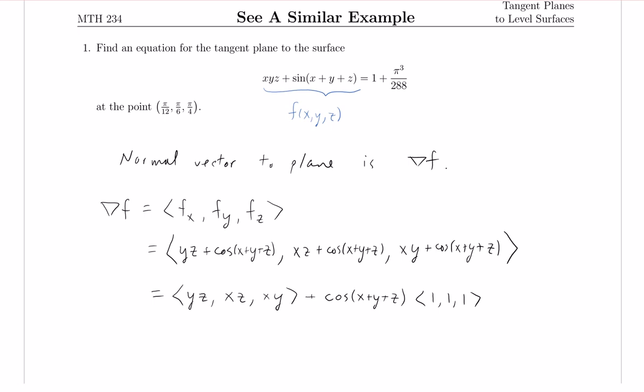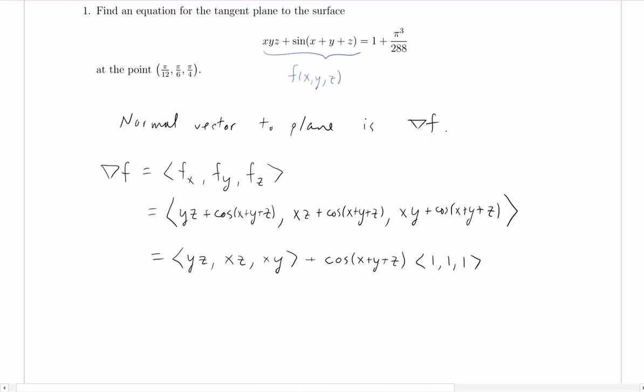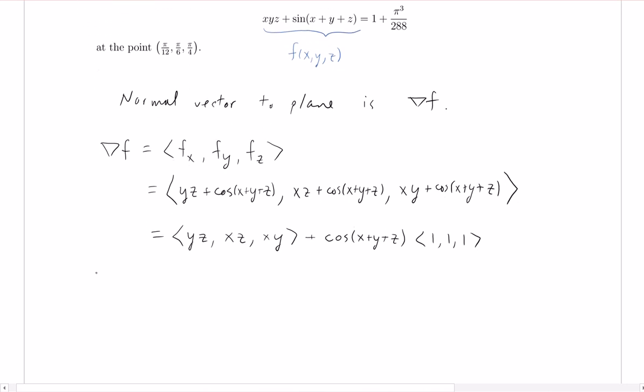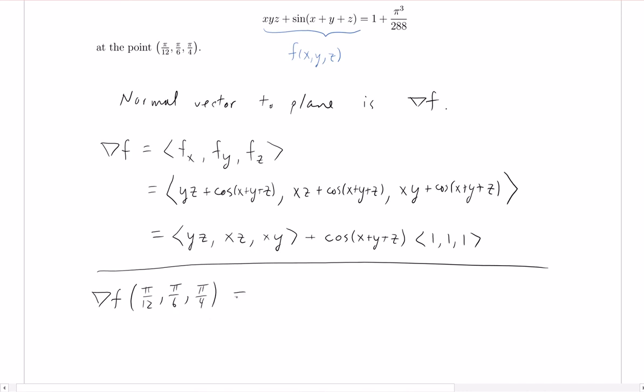Okay, so in general, at a random point on the surface, this is the normal vector to the tangent plane. Well, we want it at this particular point, so let's plug in those values for x, y, and z. So we want to plug in pi over 12 for x, pi over 6 for y, and pi over 4 for z.